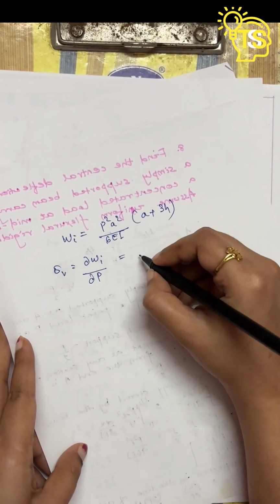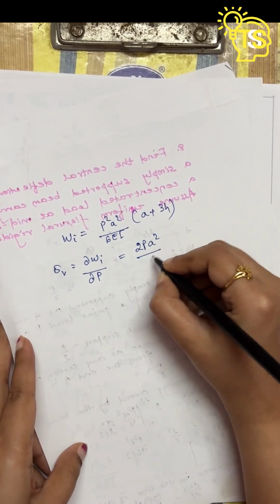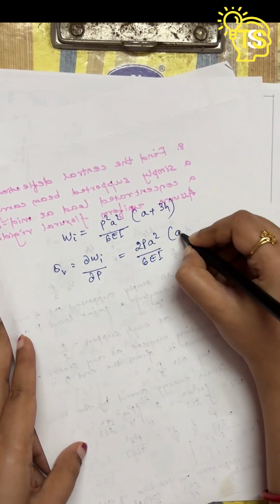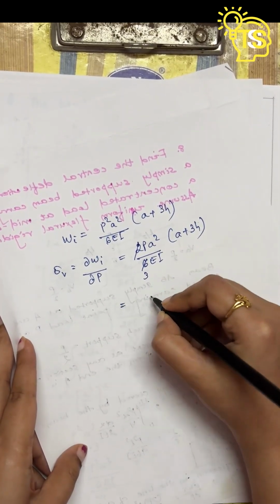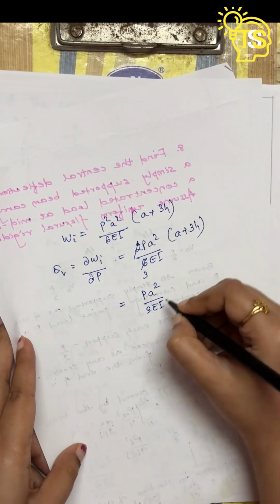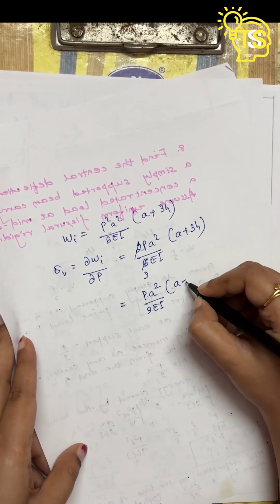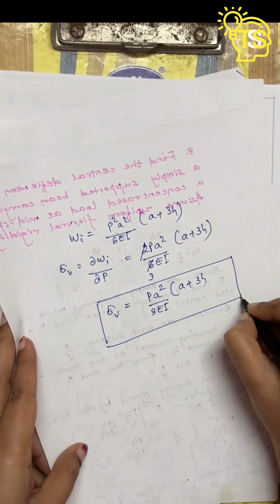Now partially differentiating it, we get 2P a square upon 6EI into 2a plus 3h. Now cancelling it with 2, we get P a square upon 3EI whole into 2a plus 3h. This is the vertical deflection we got.